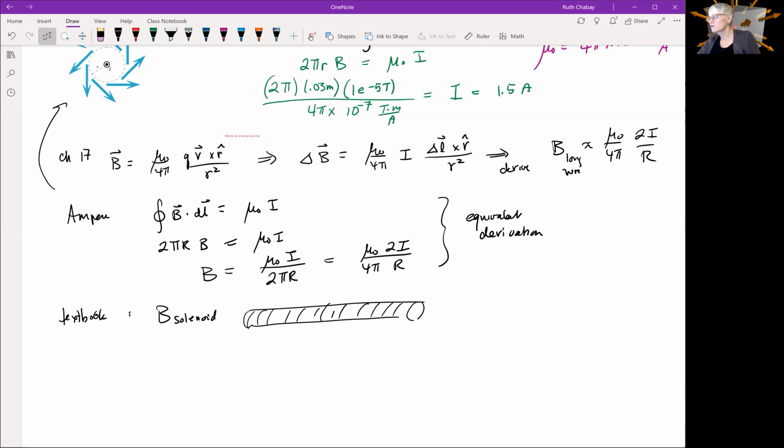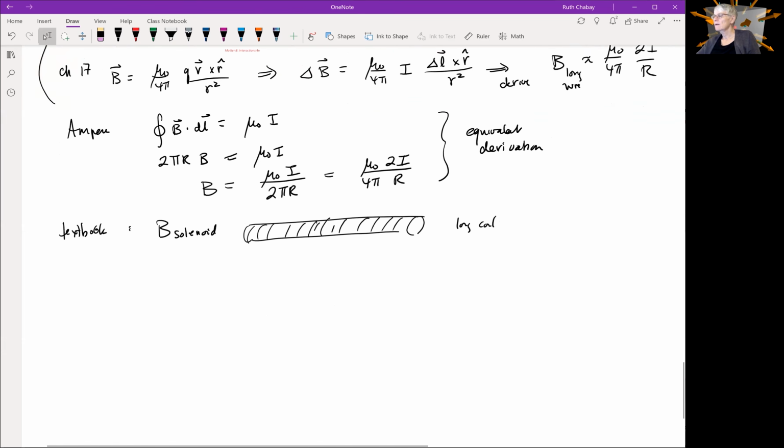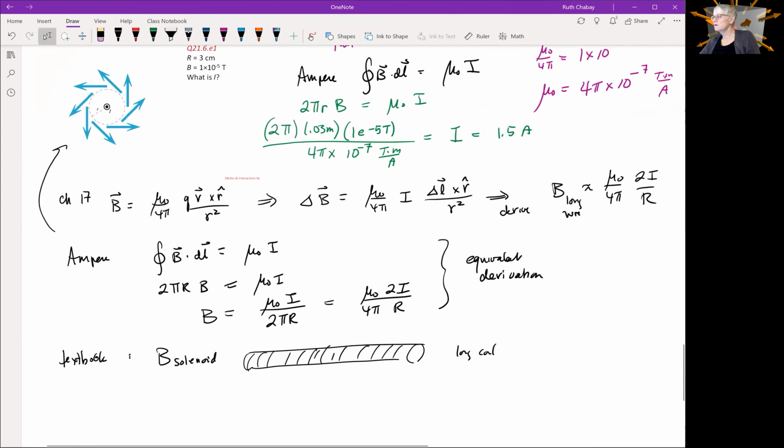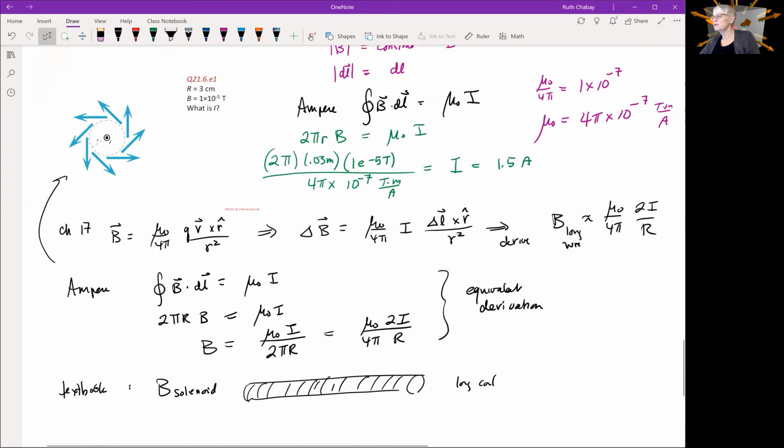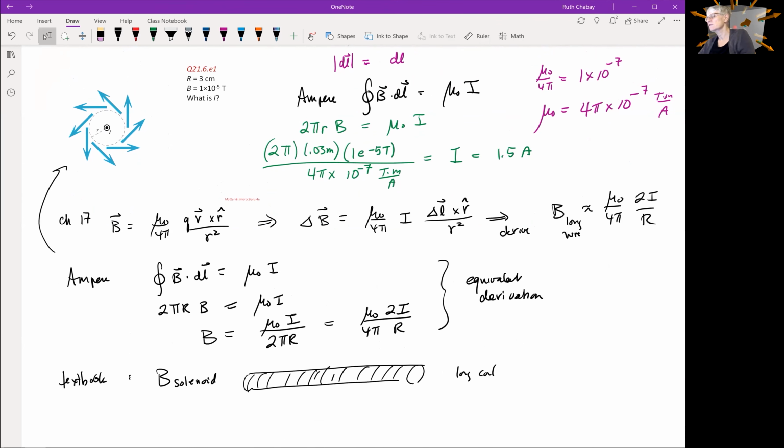It's got a big, strong magnetic field inside and almost nothing outside. And there's also a toroid. So questions about this in recitation, we'll practice applying Ampere's law to some concrete situations with numbers.